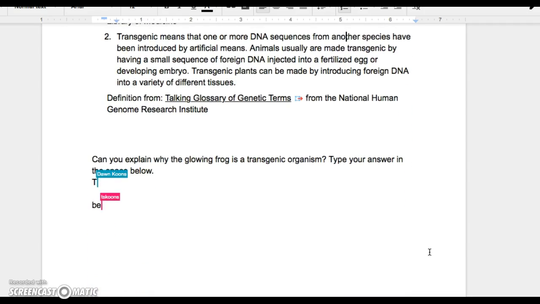And down here I'm asking, can you explain why the glowing frog is a transgenic organism? And I'm asking them to type their answer.